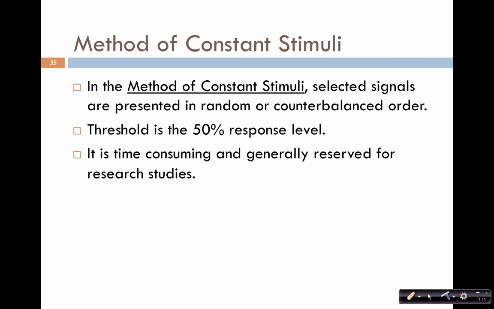Okay, there's another type of presentation called method of constant stimuli. It is kind of an odd name for this because the stimulus amplitudes are presented in either random or counterbalanced orders. They still can specify a threshold value as some kind of percentage response level.